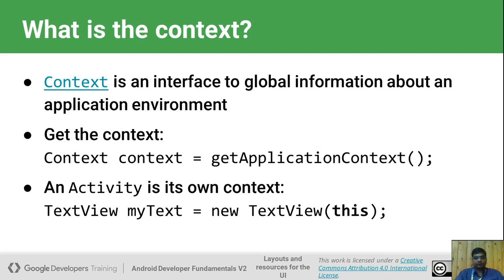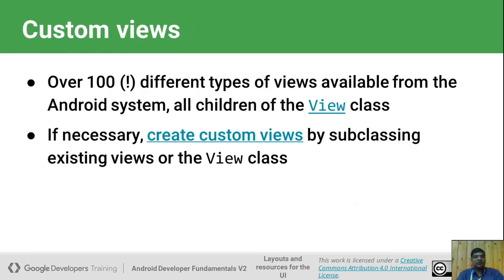So when we pass this, it means present. It automatically fetches the present activity context. Or second is get application context, which is like the present working context of the activity.